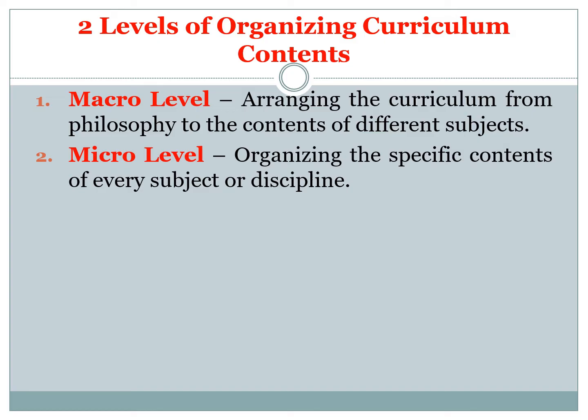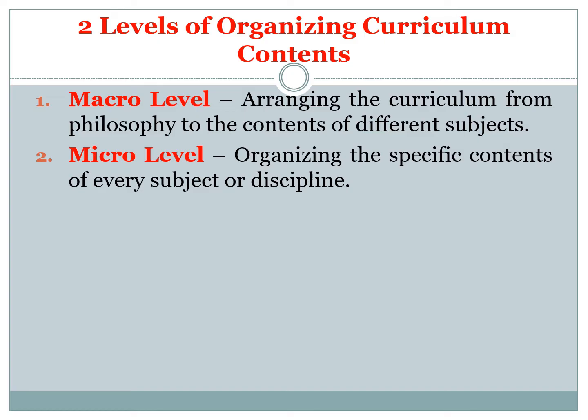Now, let's talk about the micro level. It emphasizes that organizing the specific contents of every subject or discipline. If you happen to observe from the general ideas, philosophies, stances, it is now being mainstream right down to the different specific subjects or disciplines. Okay?